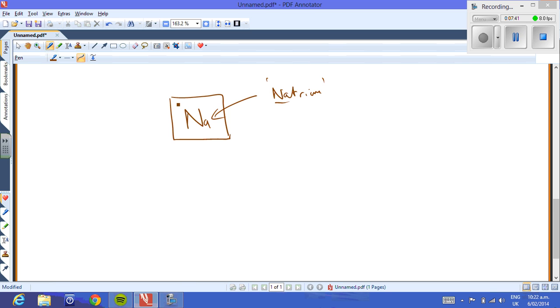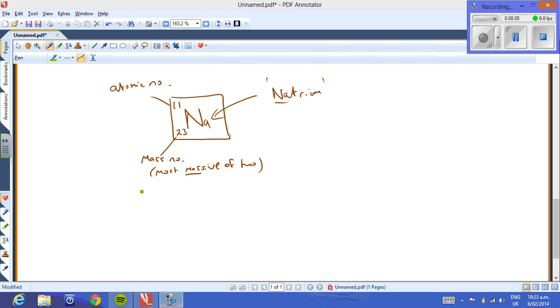The atomic number for sodium is 11, and the larger number, the more massive number, is 23. So the mass number, remember I said in class, is the largest of the 2, and the atomic number is the smaller one.